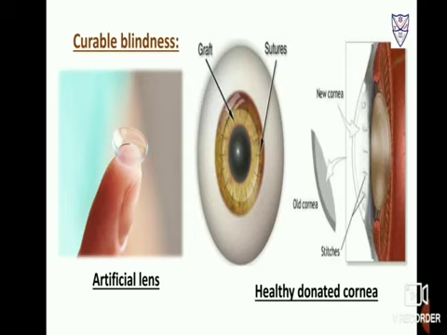And if the cornea becomes opaque, it is removed surgically and in its place a healthy donated cornea from the eye of a donor is inserted. This type of blindness we call curable blindness.